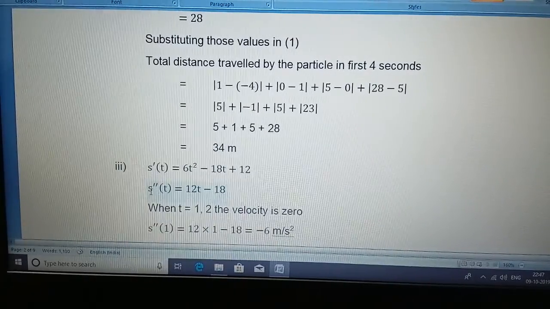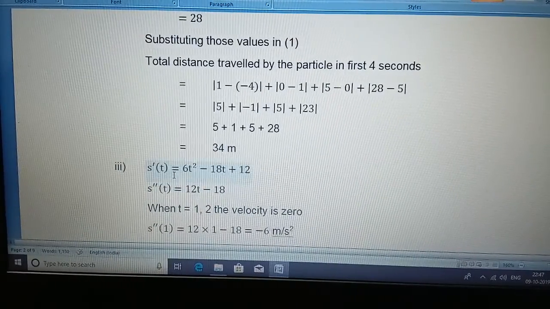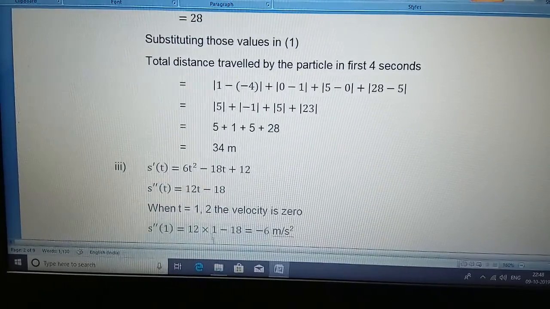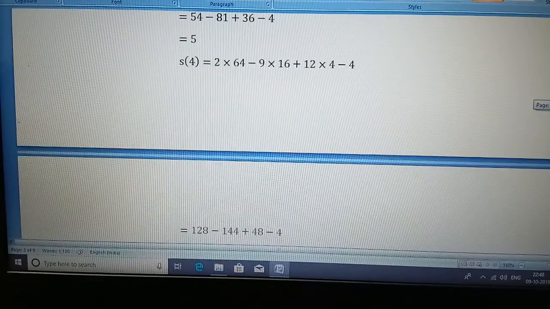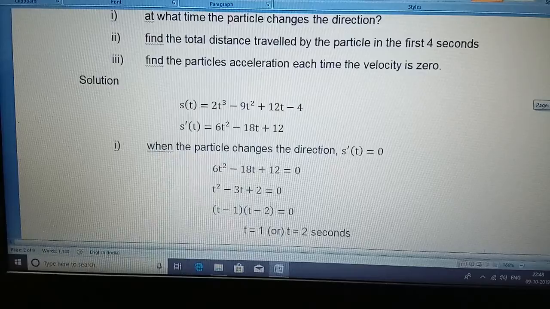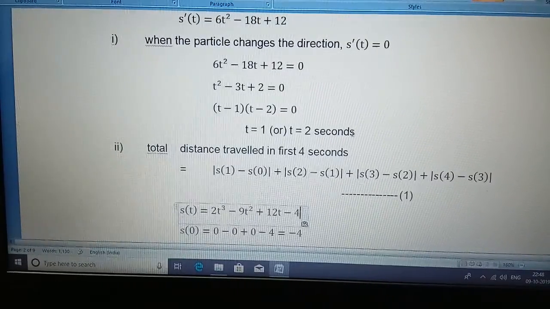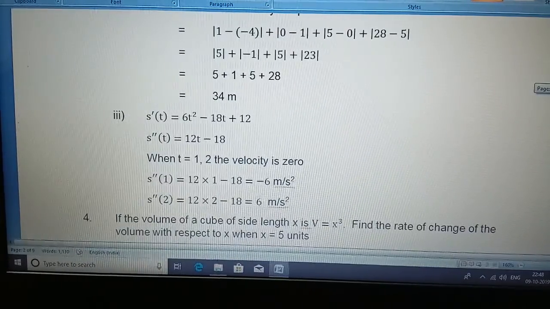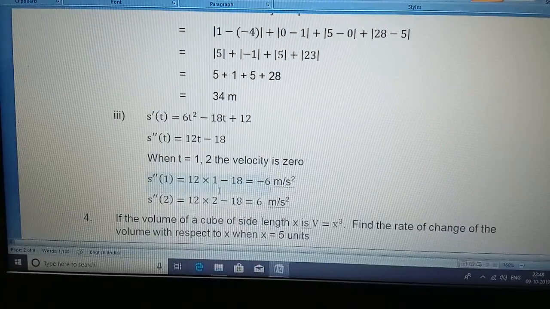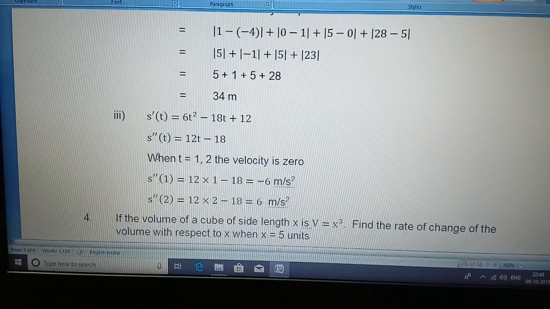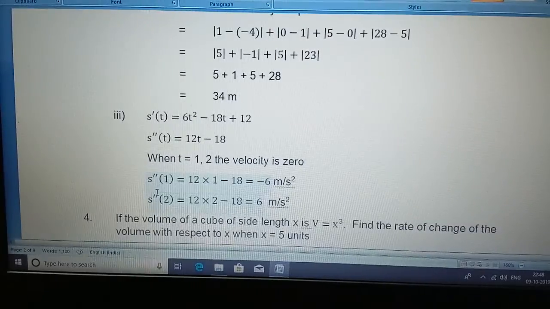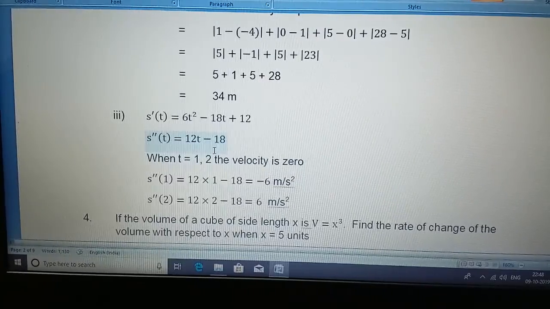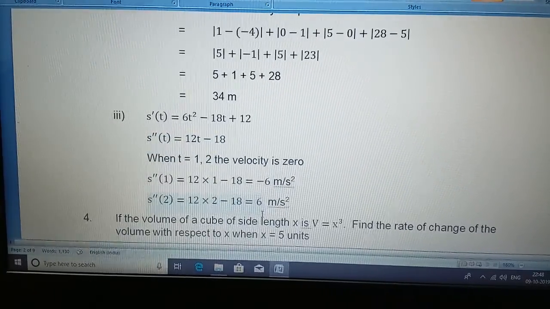Now differentiate it again, so that S double dash of t equals 6 into 2t minus 18, that is 12t minus 18. You already found, by making S dash of t equal to 0, that t equals 1 or t equals 2 seconds. At t equal to 1 and t equal to 2, the velocity becomes 0. Substitute t equal to 1 and t equal to 2 separately in S double dash of t. S double dash of 1 is 12 into 1 minus 18, which is minus 6. S double dash of 2 is 12 into 2 minus 18, which is 6 meters per second square.